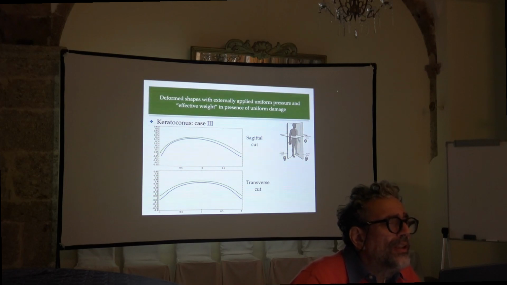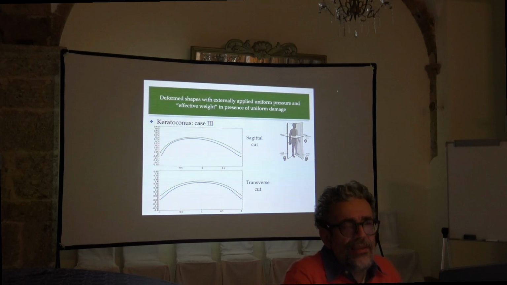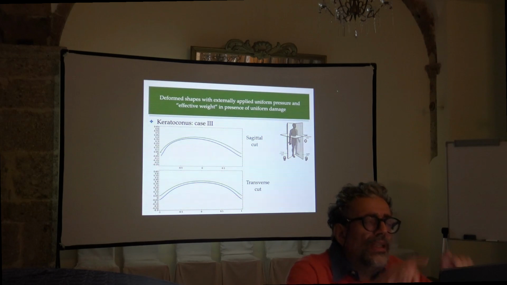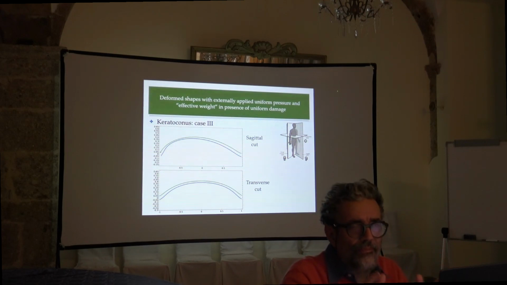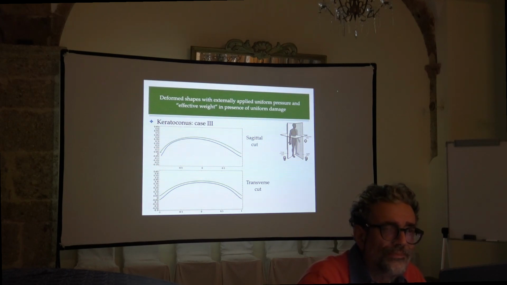The reviewer told us that our simulations, that is Ivan's simulations, were not reliable because the Young modulus of the crown of the keratoconus residual cornea was too weak compared with the Young modulus of the central part of the cornea.